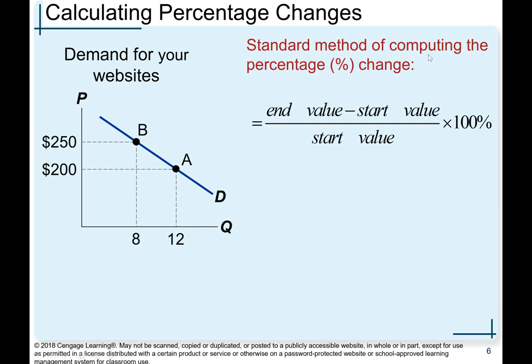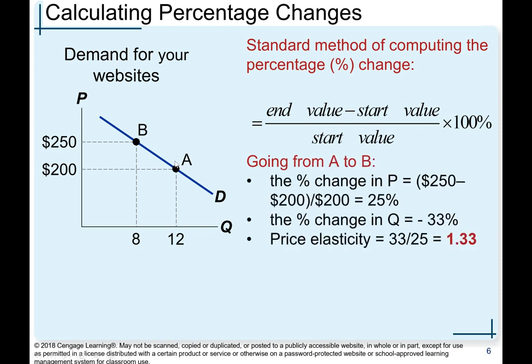The standard method of computing percentage change is end value minus start value, divided by start value, times 100. Looking at the graph, going from A to B, the percentage change in price, that is 250 minus 200 divided by 200, is 25%.